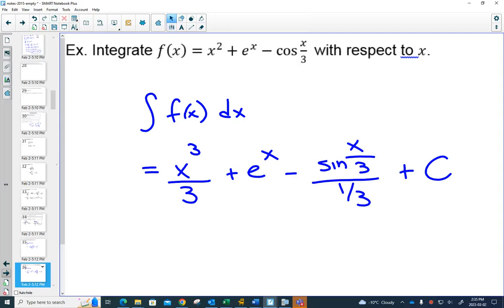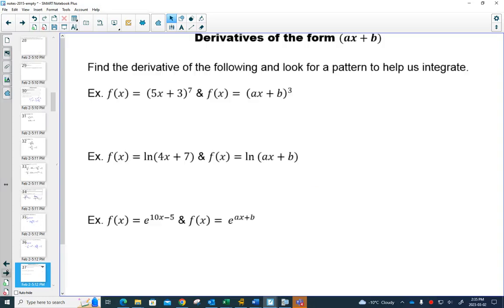So this idea that I did in e to the x and sine to the x with a simple chain rule can be extended to look like this. If you have a chain rule where the inside function is a line, in other words, mx plus b or ax plus b, whatever way you want to talk about it, right?